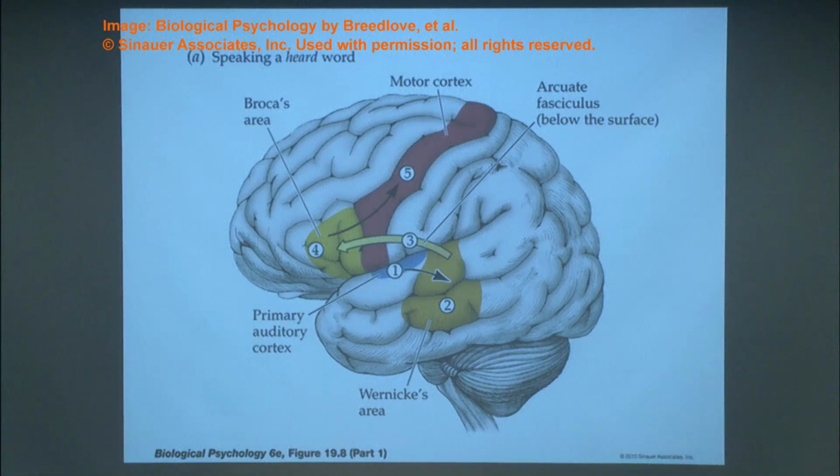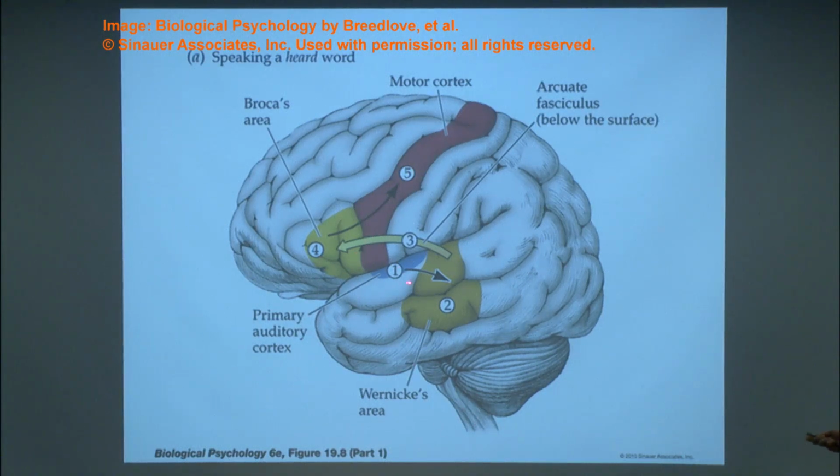So you hear a word, what's happening in the brain, what areas are involved as you speak a heard word. So first you have to hear it. This is not surprising. You will be able to tell us, for example, exactly how auditory information reaches primary auditory cortex, but we're going to bypass all of that for now.